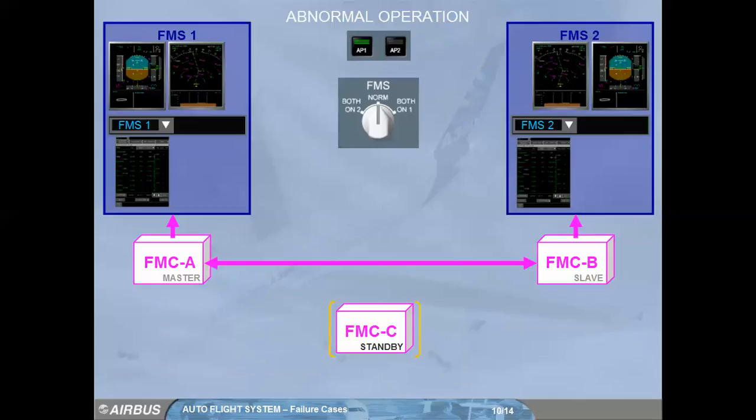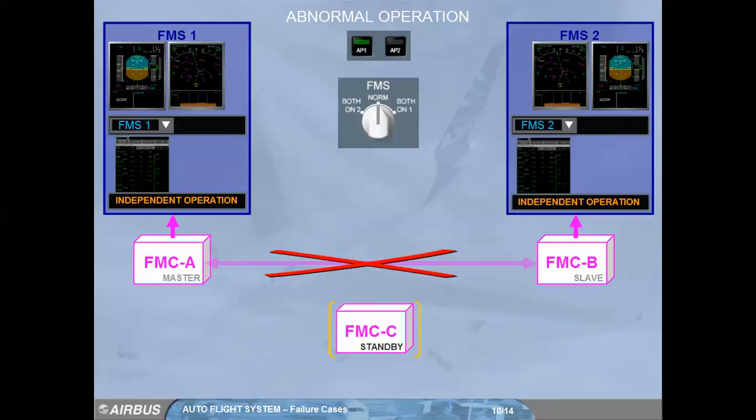The following abnormal operation may occur. No more data exchange between FMS1 and FMS2. The FMSs revert from dual to independent mode. Note: it may be due to a communication failure or avionics network problem between the active FMCs.